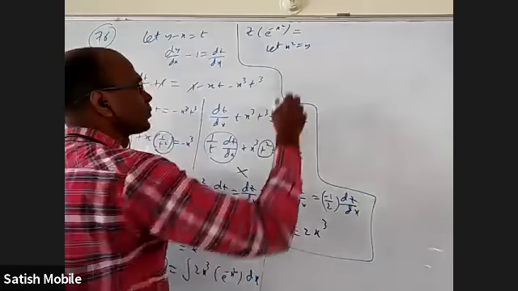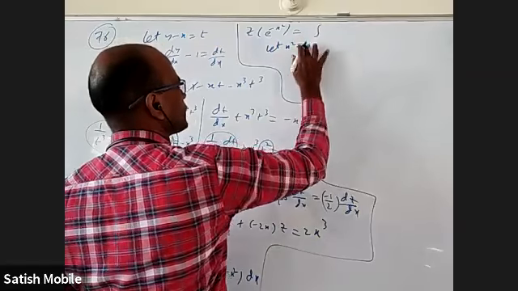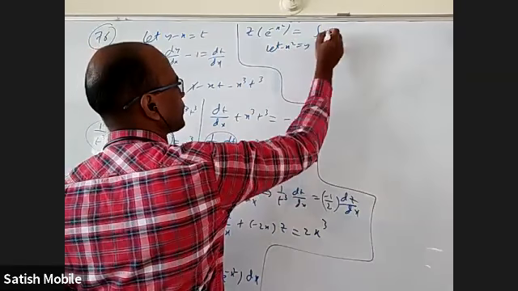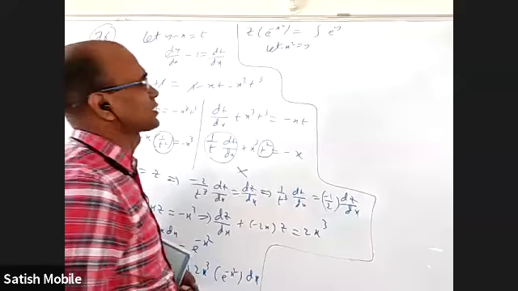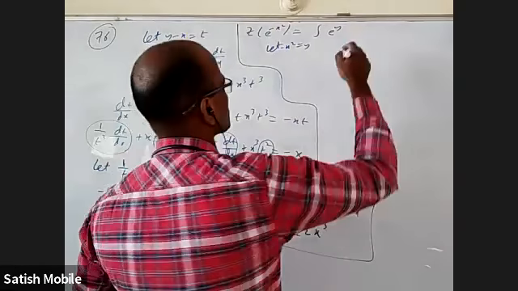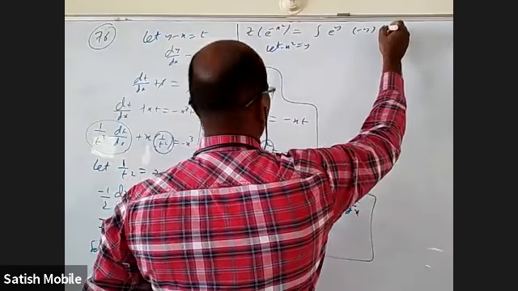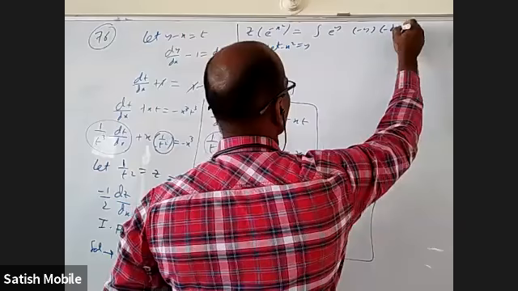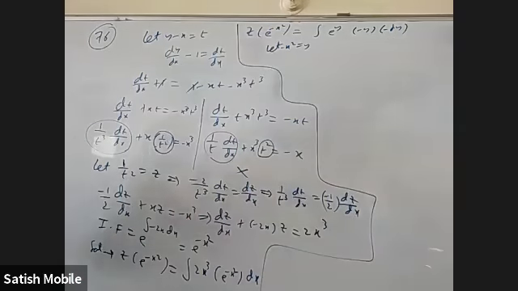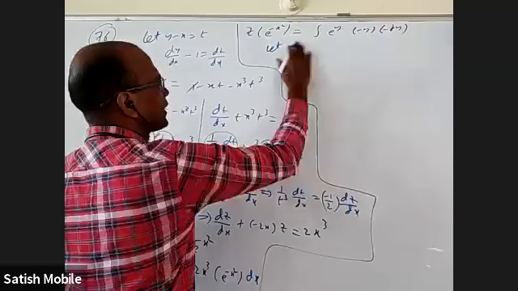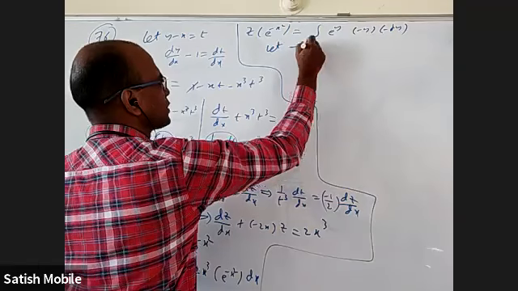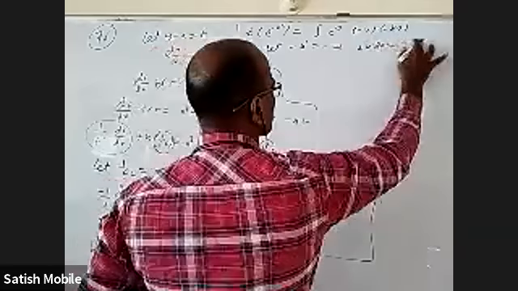Based on that, e power minus x square will become e power y, and 2x dx will become minus dy, and x square will be minus y. Because minus x square is y, minus 2x dx equals dy.